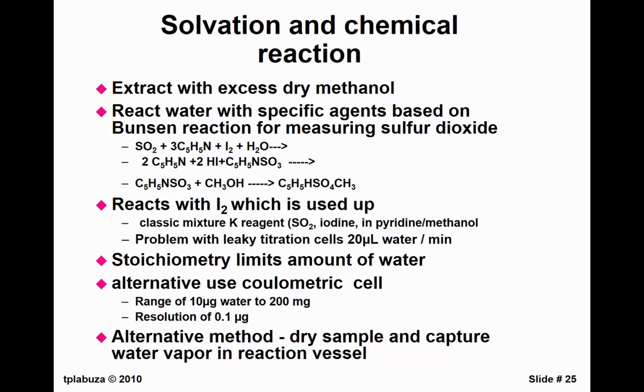You get rid of all the other problems that we heard about. It's fast, except for leaving it overnight to get the extraction. You do a sample also with the blank methanol, so you subtract that because you're going to put a certain amount of methanol into your sample cell, and so it's a fairly good method.